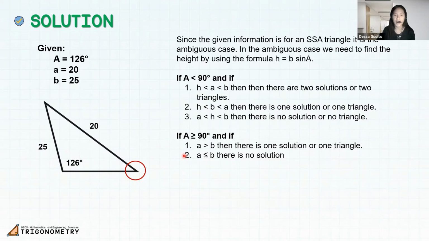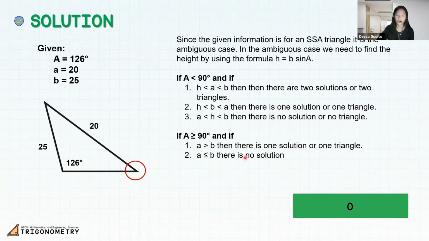Since it is true that a is less than b, 20 is less than 25, this triangle satisfies case number 2 of the second set, the obtuse triangle. Therefore, the answer for this problem is 0, or there is no solution. There is no triangle that can be formulated with the given value.